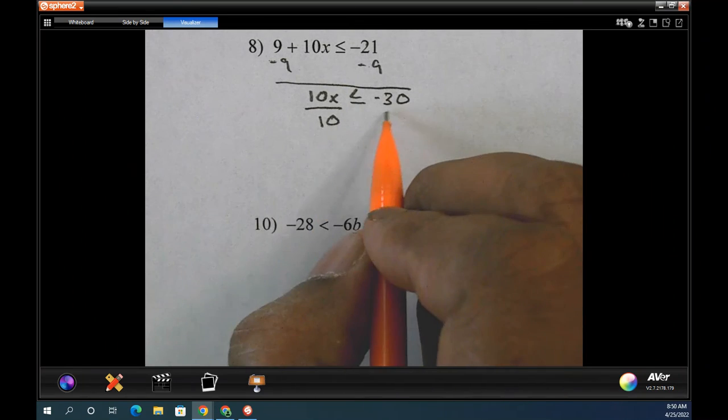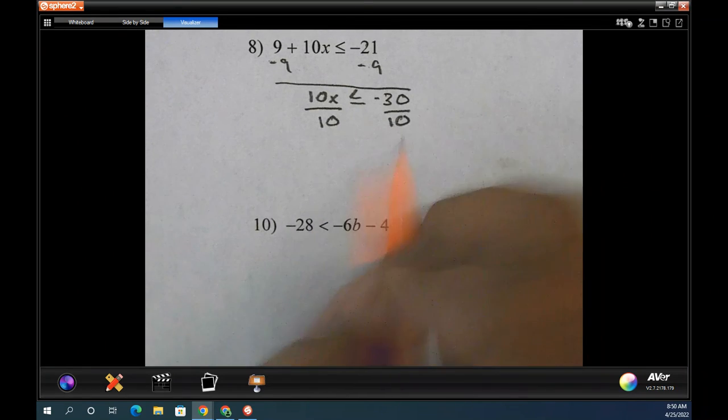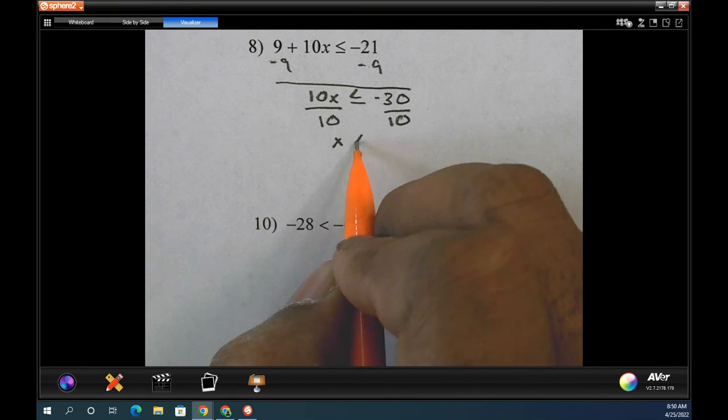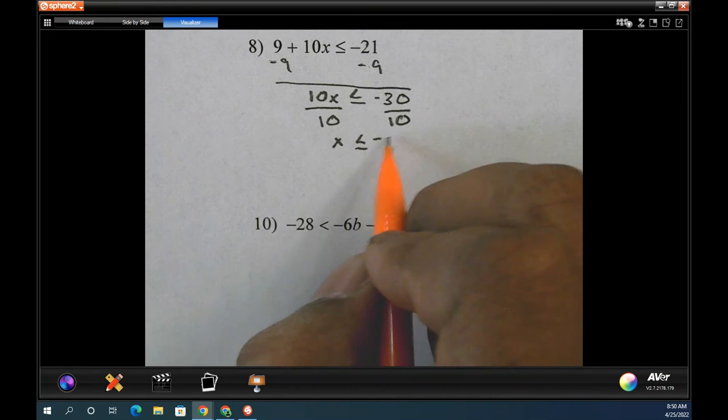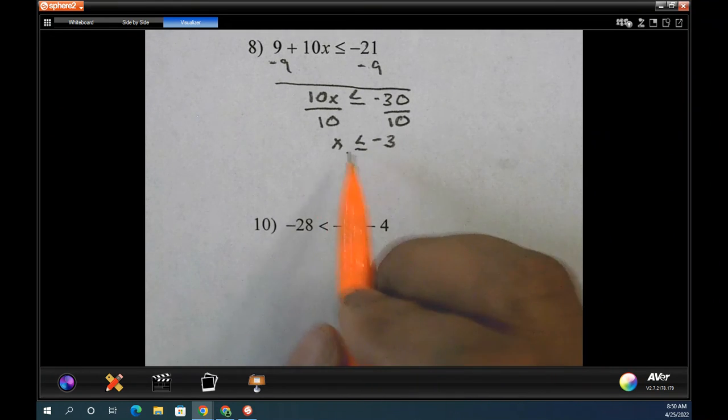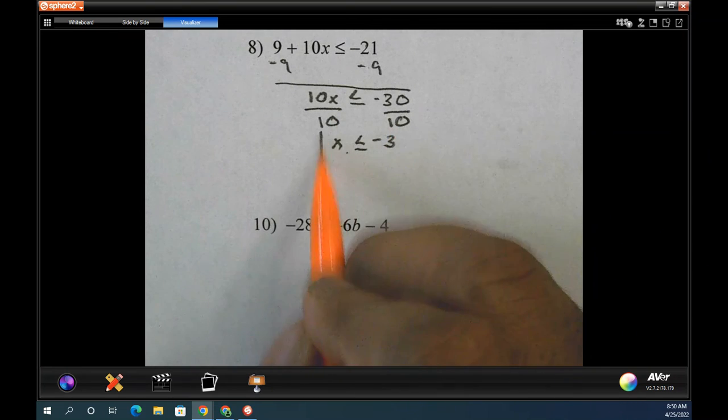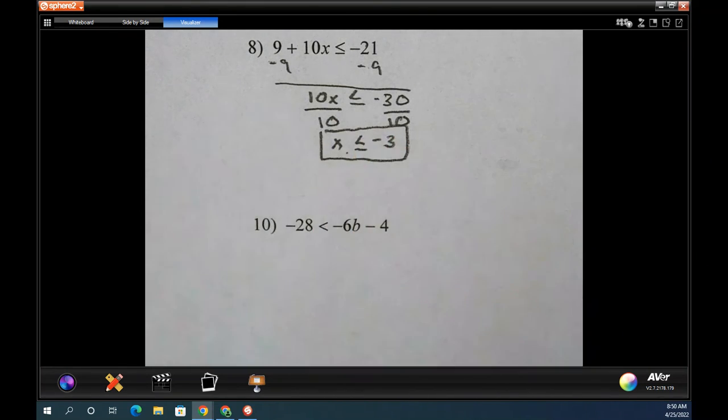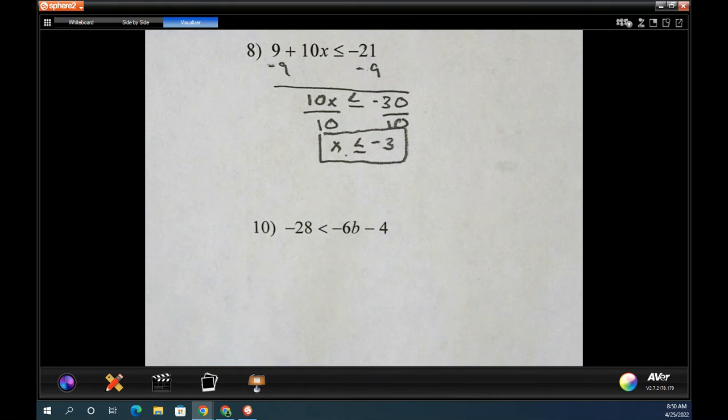Divide both sides by 10. x is less than or equal to negative 3. Our variable's on the left. We divided by a positive, so we didn't have to flip it. And we don't have to switch it.